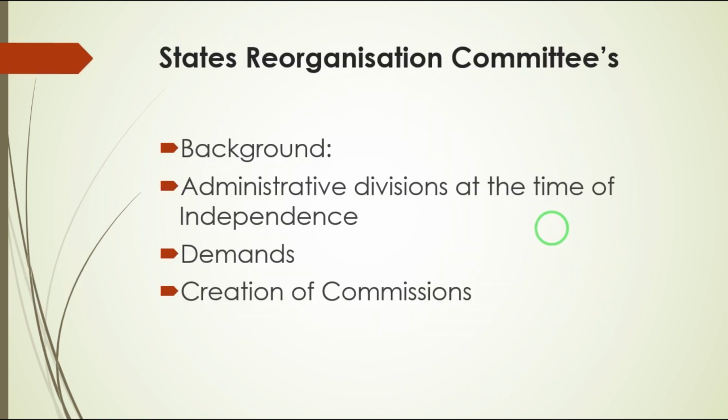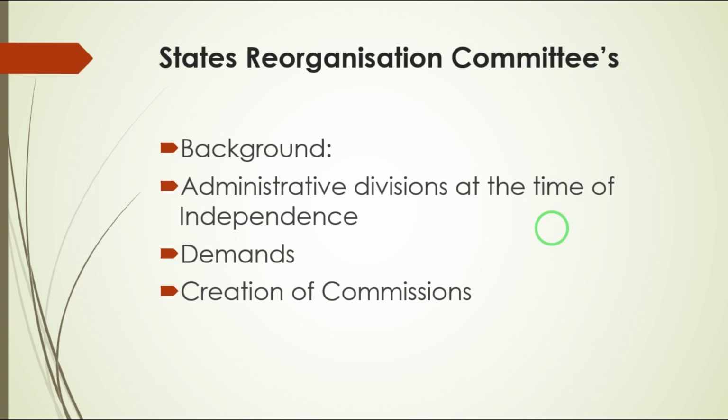First of all, it's very important for you to remember that in 1947, when the Indian Independence Act was passed, it gave three options to princely states: either to join India or Pakistan or remain independent. Of the total of 552 princely states situated within the geographical boundaries of India, 549 joined India and the remaining three, Hyderabad, Junagadh and Kashmir, refused to join India.